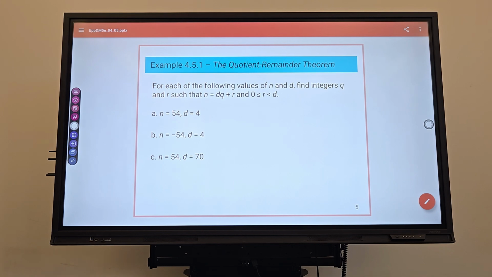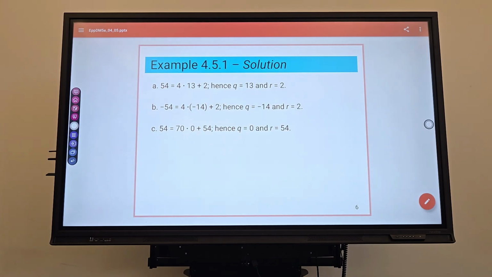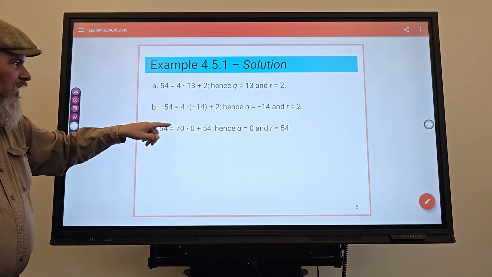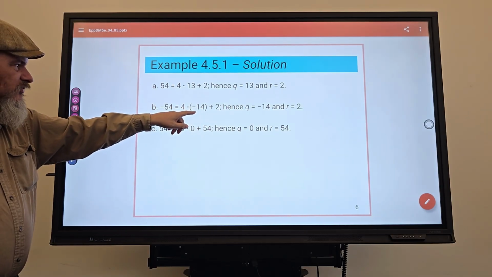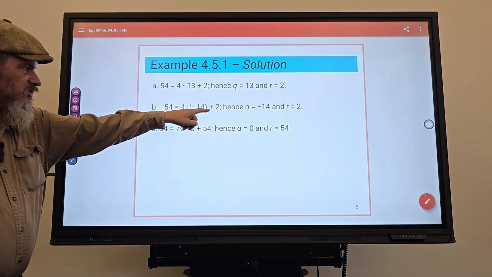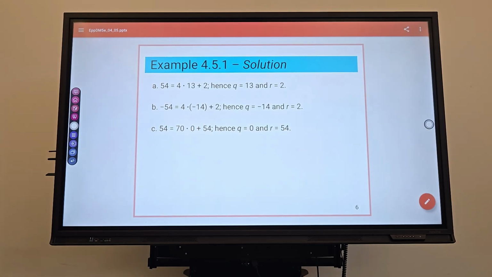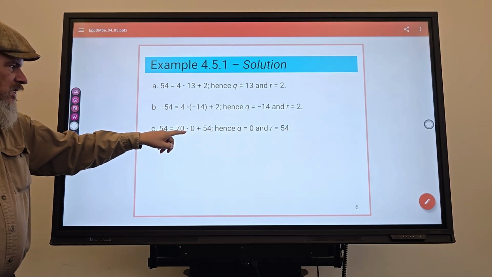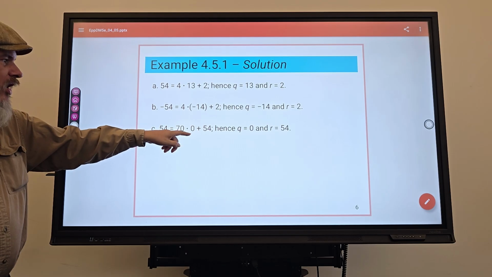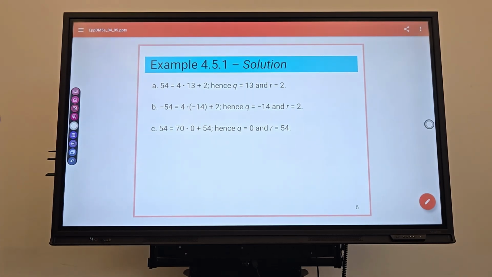But let's see what they say. 4 times 13 plus 2. 4 times minus 14 plus 2. And 0 plus 54. Okay, I was thinking the other way around.